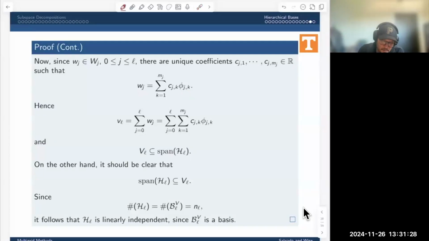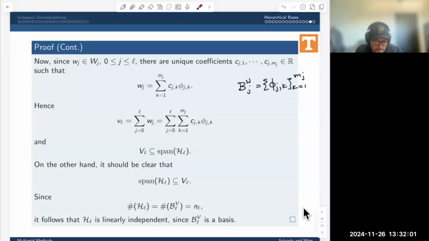In fact, so these are the functions. BWj is a collection of functions like that, k equals 1 to Mj. Okay, so that's where these guys are coming from.